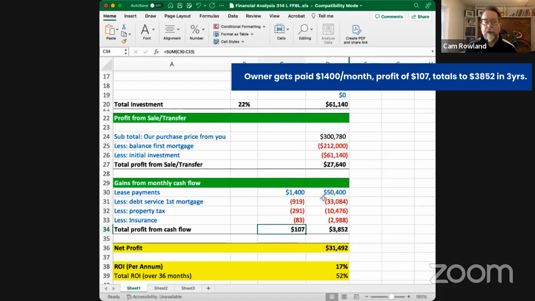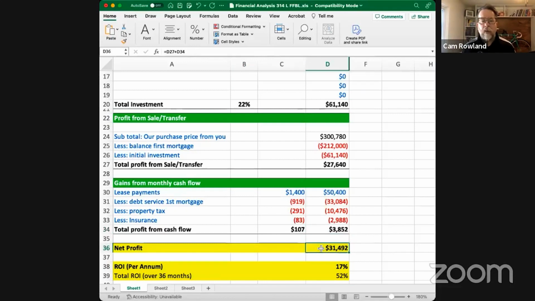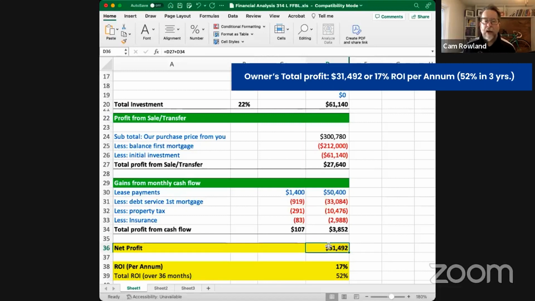So those are the monthly totals. These are the cumulative totals over the 3 years. You'll see there's a cash flow profit here of $3,800. Now, whether he goes to McDonald's, Starbucks, dinner, or keeps it in his bank, that's still profit for them. So their profit on this deal was projected to be $31,429, which works out to 17% a year, or 52% over the 3 years.